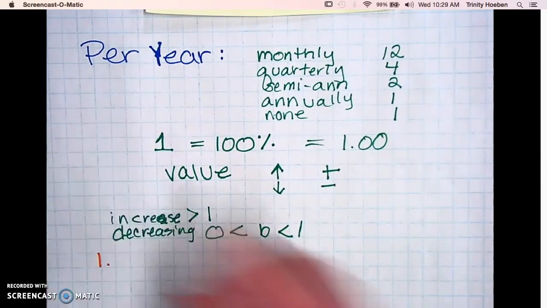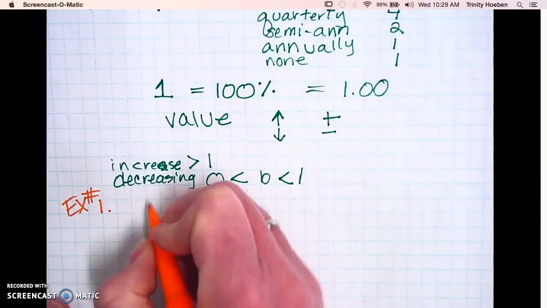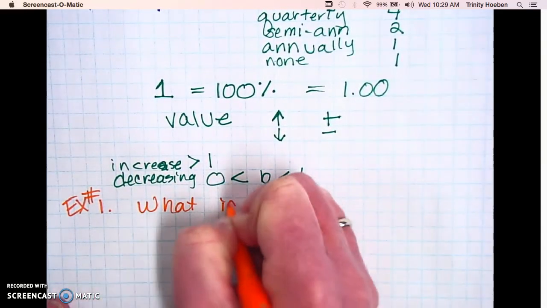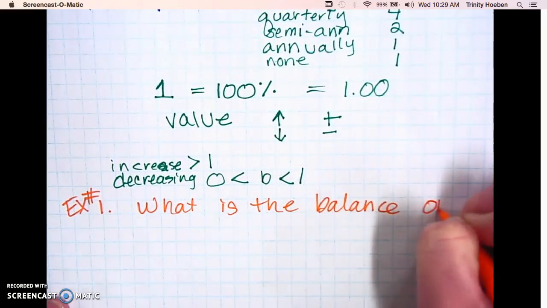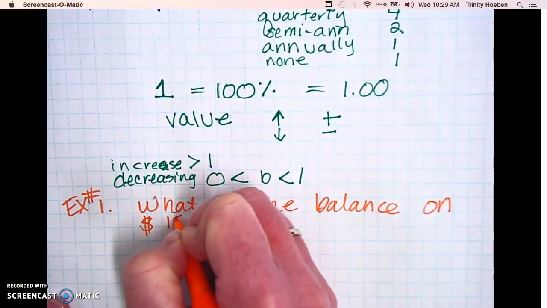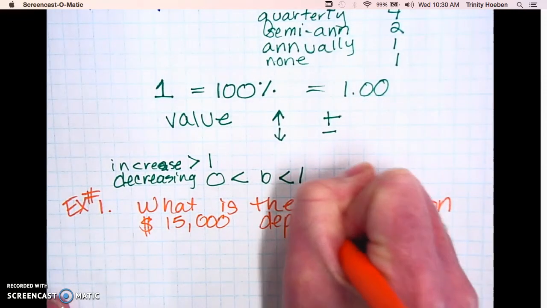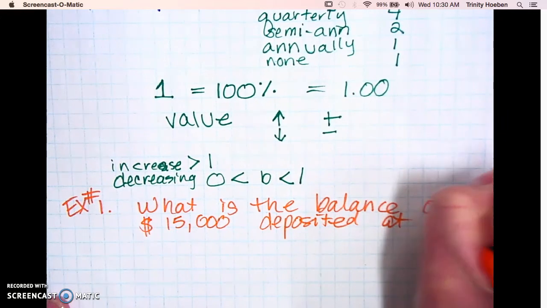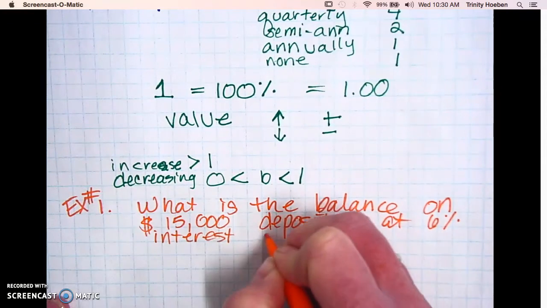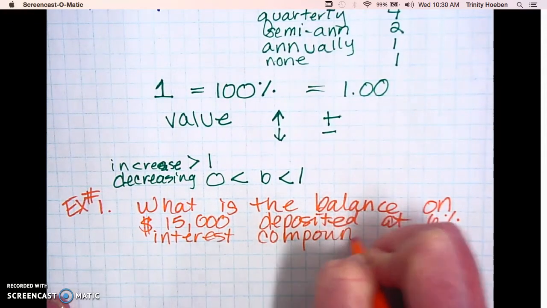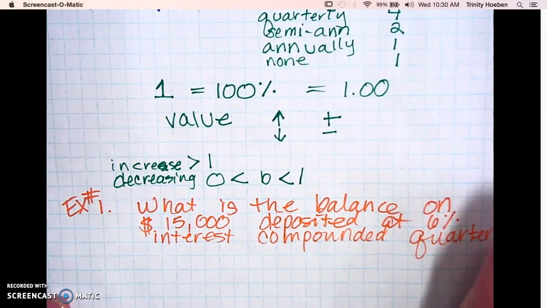So example number 1, we're going to find what is the balance on $15,000 deposited at 6% interest, compounded quarterly, for 4 years.